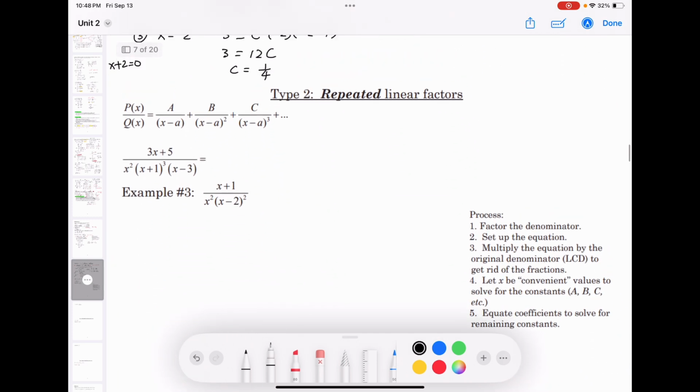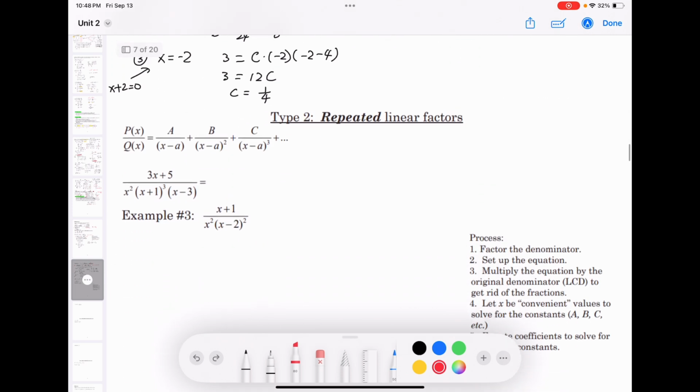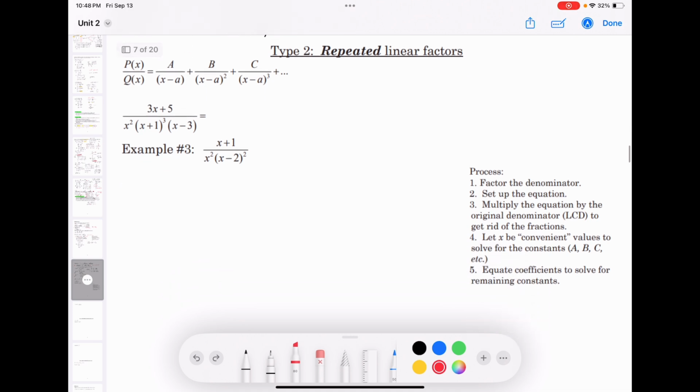In the previous examples, you can tell that the bottom doesn't have repeated factors. We have x times x minus 4 times x plus 2. Now we are going to have repeated factors in the denominator.